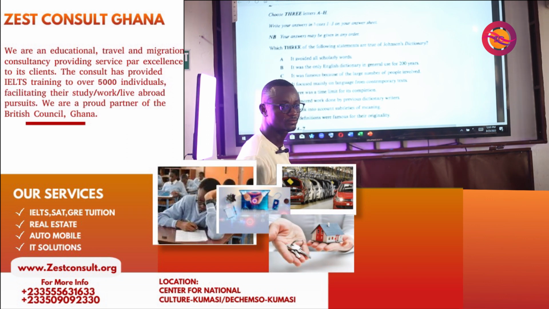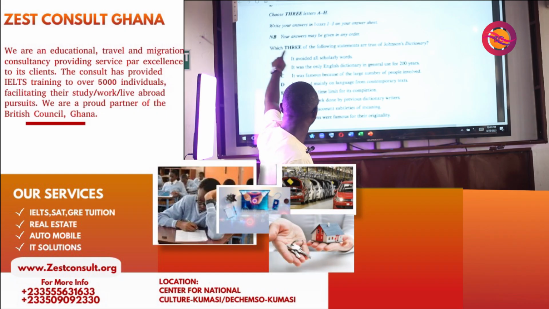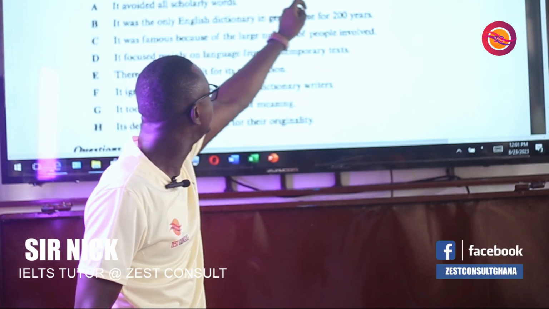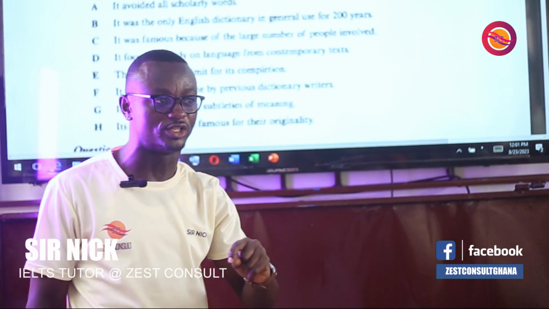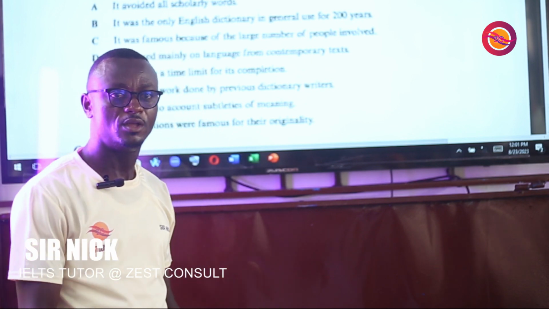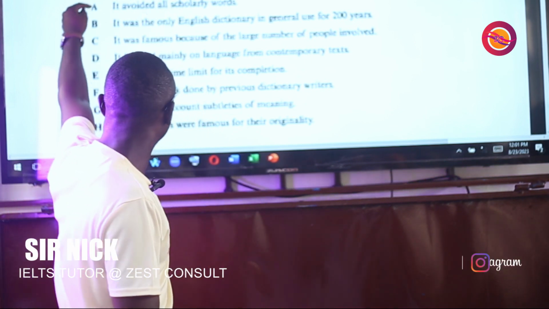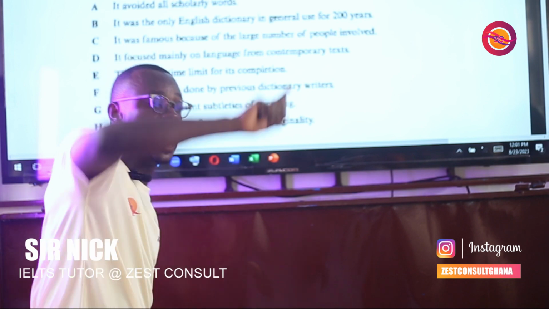Please read the question. Which three of the following statements are true of Johnson's dictionary? So the question here says that which three of the following statements are true of Johnson's dictionary. Now with this, we'll be given 8 options.